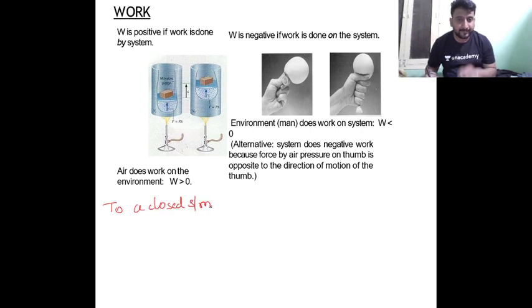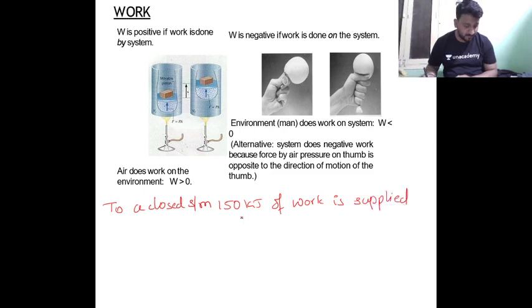To a closed system, 150 kilojoules of work is supplied. Okay.